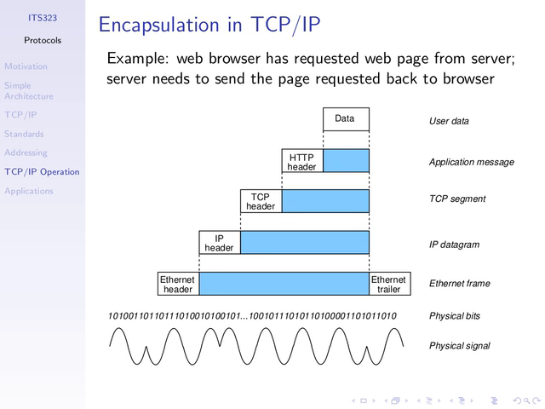Transport layer does the checks, whatever it needs to do to check whether it's received the data correctly. If everything's okay, removes the header, sends the data inside to the application layer. Application layer, which is HTTP, again checks what it's received, removes the header, sends what's inside to the application, the web browser.